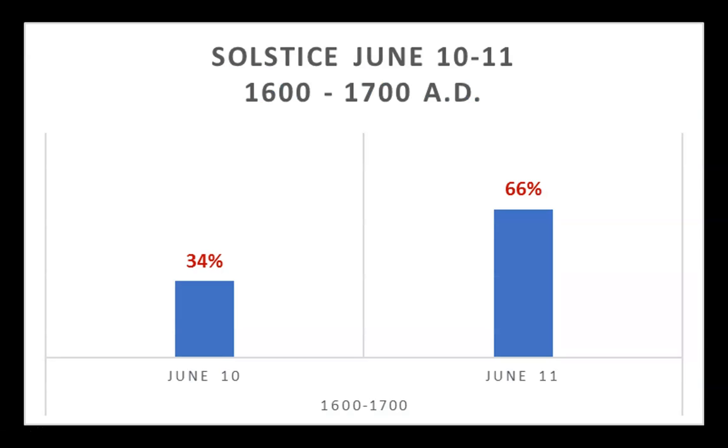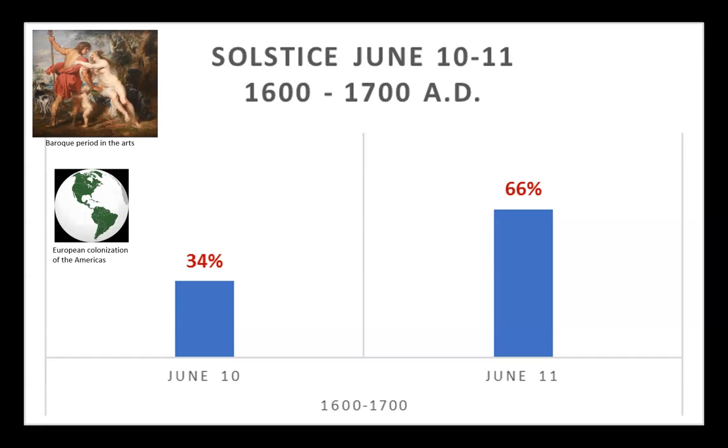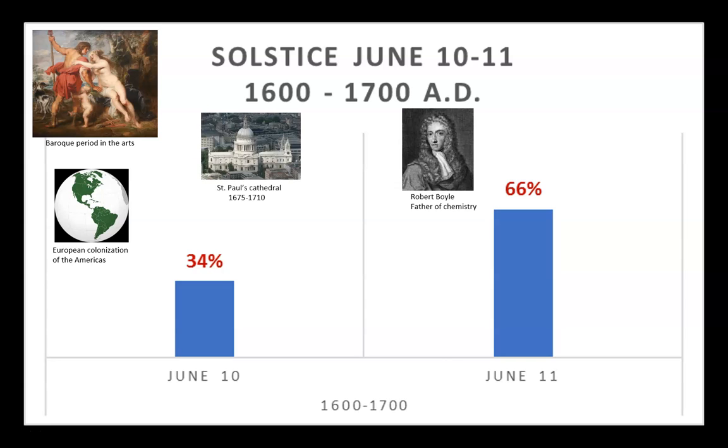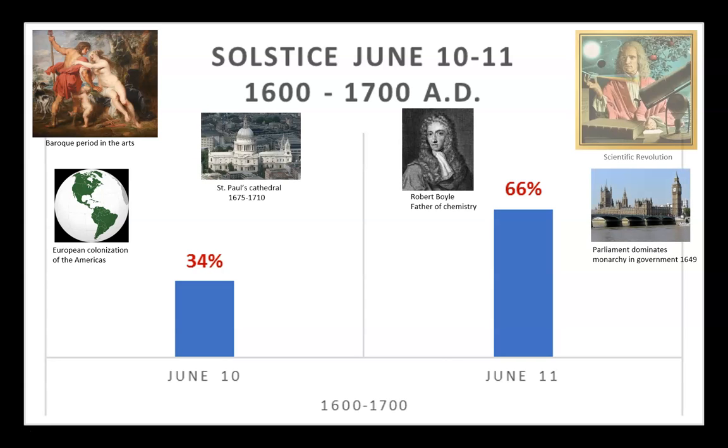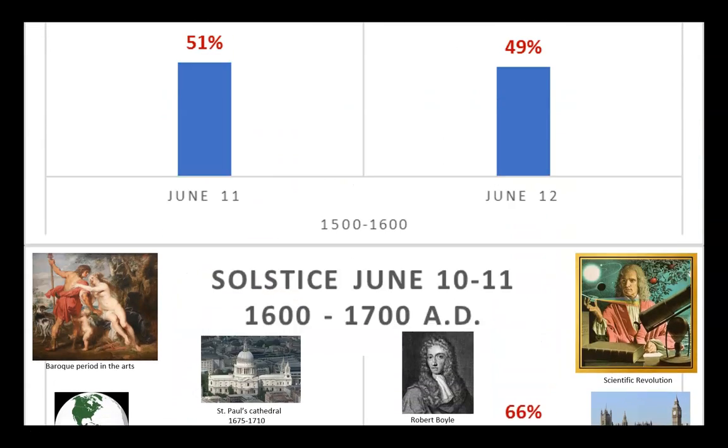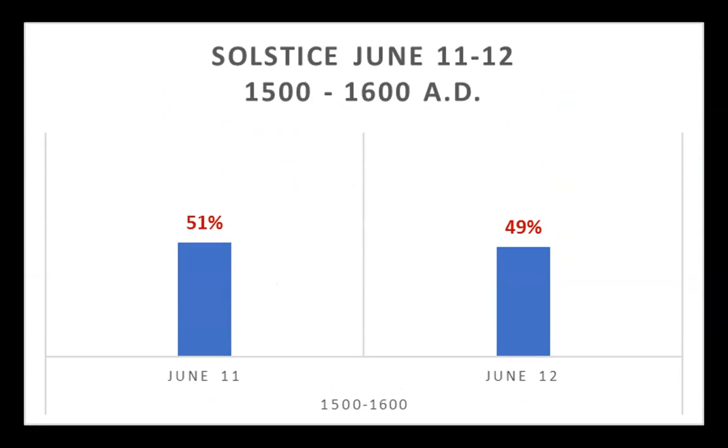Let's continue on. In this century, June 11th was the more frequent date of summer solstice. From 1500 to 1600, it was fairly evenly split between June 11th and 12th.